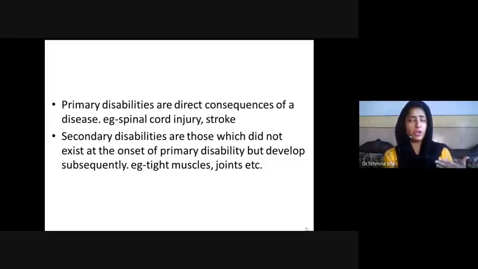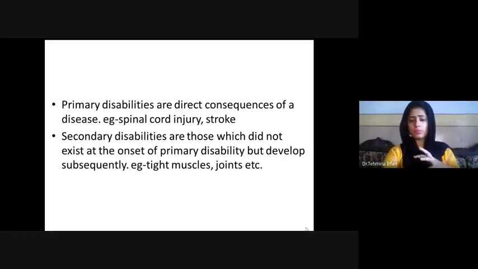For example, you are no more able to walk because of your spinal cord trauma, but after a certain time your muscles will start losing strength, the contracture rate will double and triple, and even the muscle fibers, type 1 and type 2, will be lost so rapidly. So that is the secondary disabilities, and ultimately your joints will be affected. Your joints will get intra-articular contractures, then tight muscles, that is, extra-articular problems.